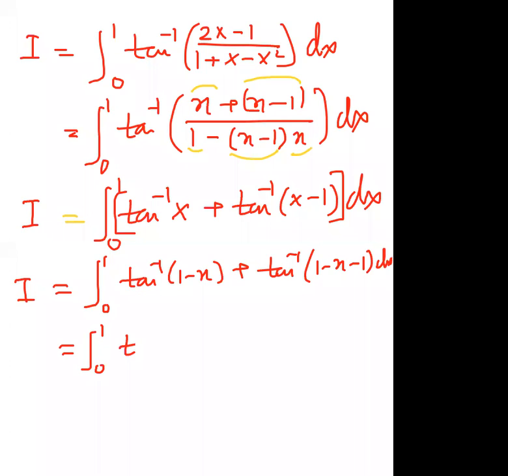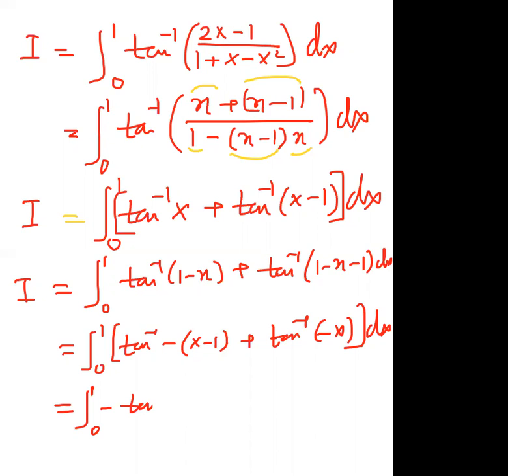0 to 1 tan inverse minus, I'm taking common, x minus 1 plus tan inverse minus x dx. 0 to 1 minus tan inverse x minus 1 minus tan inverse x dx.